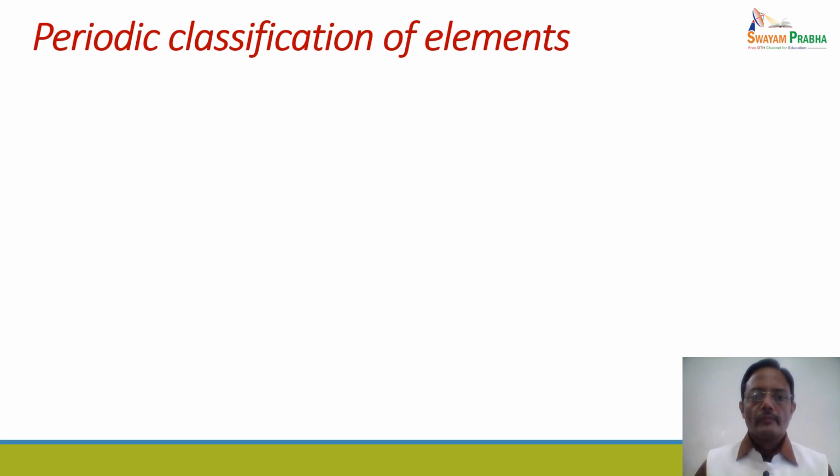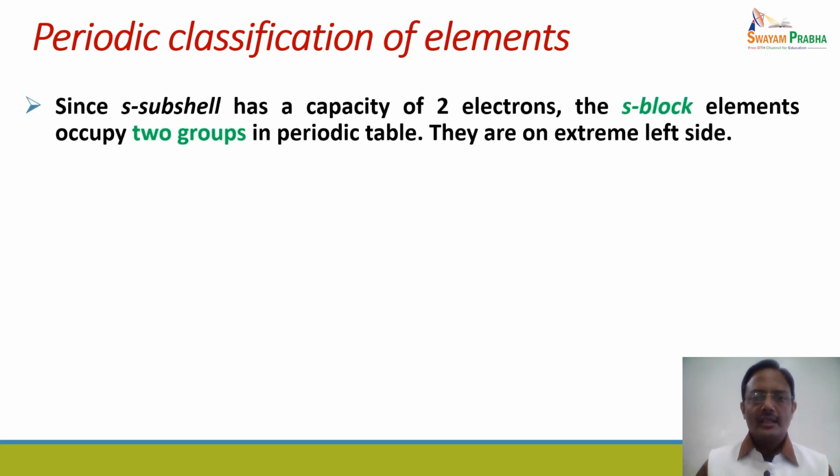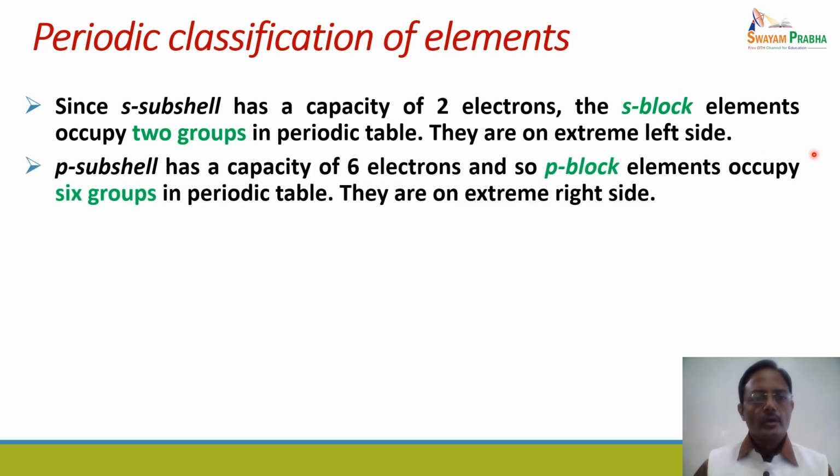On the basis of this, if we try to put the elements, we know that S subshell has a capacity of only 2 electrons, and so S block elements occupy 2 groups in the periodic table, and they are placed on the extreme left side. P block elements occupy the extreme right side of the periodic table. Since P subshell has a capacity of 6 electrons, there are 6 groups in the periodic table where the P block elements have been put.